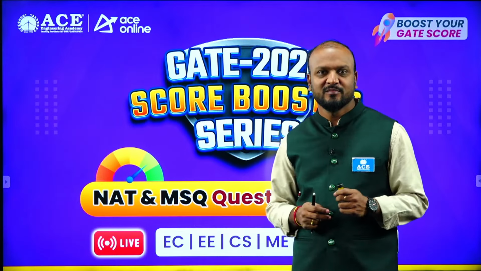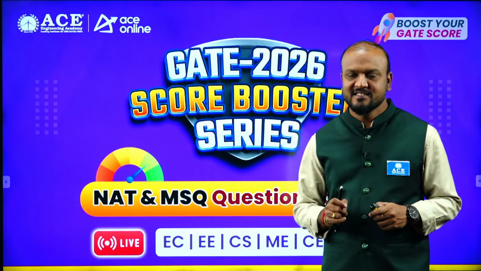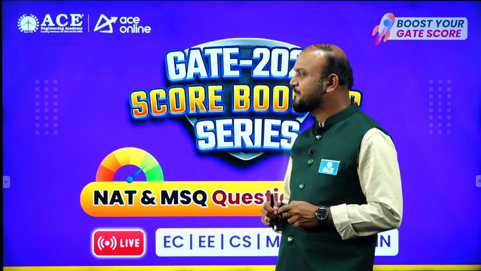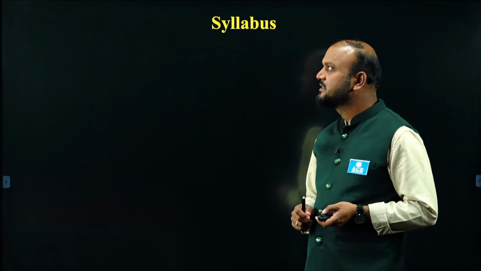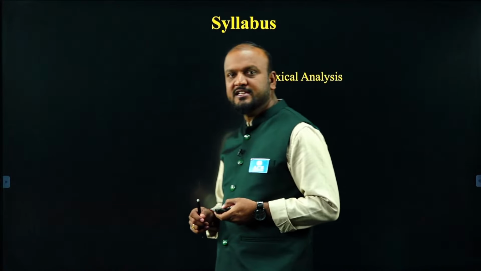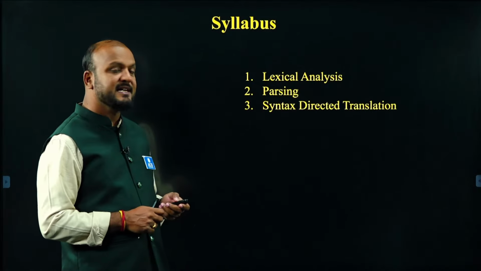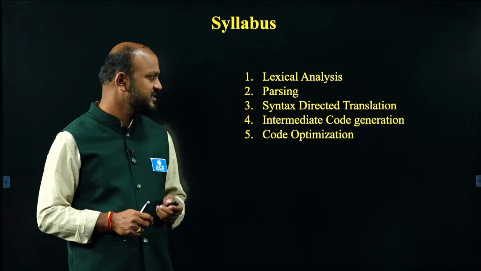Now I am going to take compiler design NAT and MSQ question solving series as a part of the GATE 2026 core booster series. When it comes to the syllabus of compiler design, we have 5 chapters called lexical analysis, parsing, syntax directed translation, intermediate code generation and code optimization.